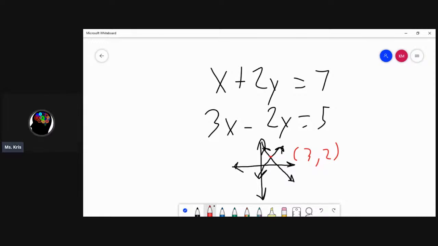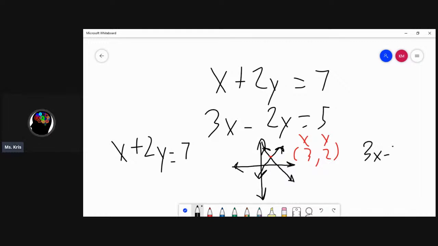So now, how do I know that they meet at 3, 2? Well, I can plug my coordinate back into my problem, and if it works in both of my equations, that is the point where they meet. So, of course, x, y, x plus 2y equals 7 over here.